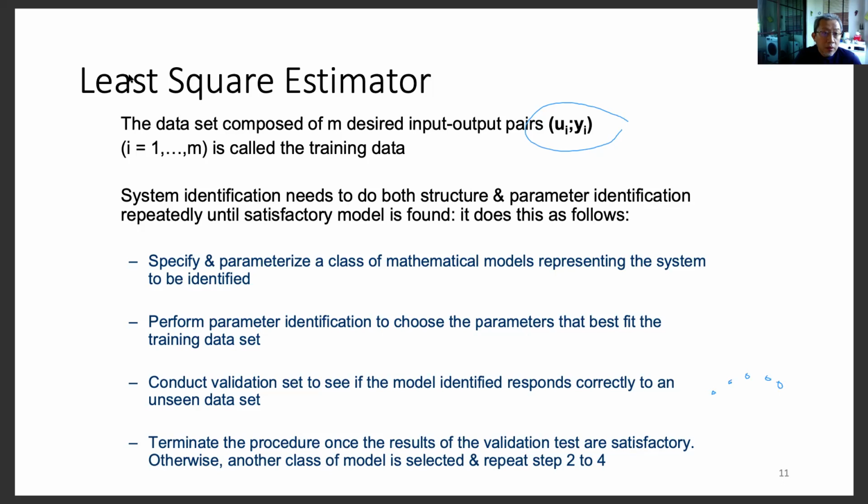Where's the color? Okay. 100% best fit is when the red line follows the blue data from the experiment exactly, like this.